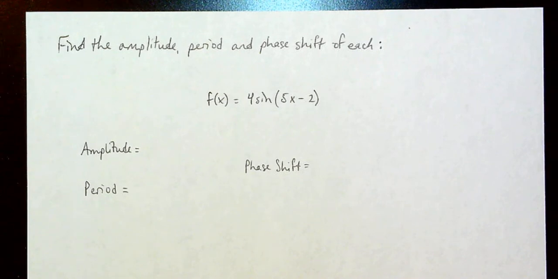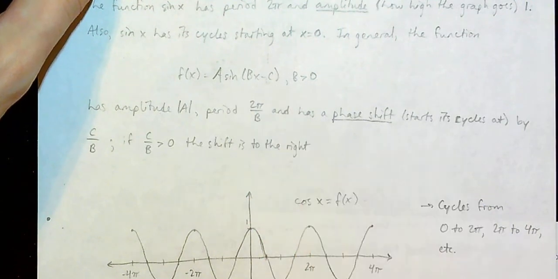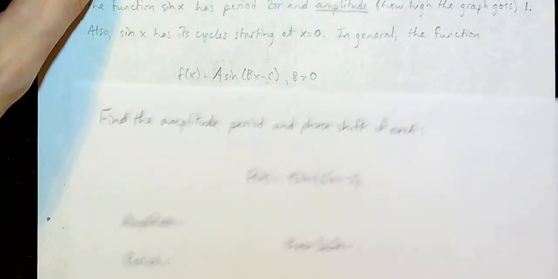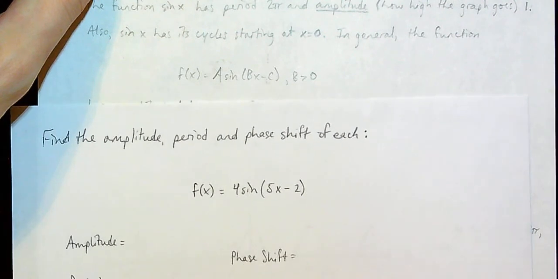The one thing that can really help you out is to just identify what are A, B, and C. Compare A times the sine of bx minus c to this thing right here, and just match pieces up.